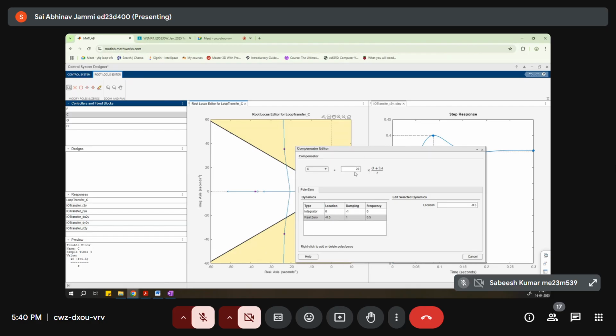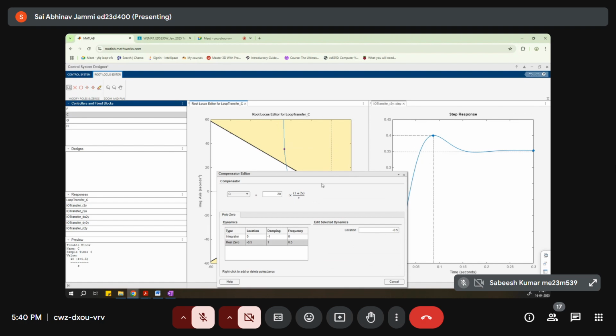When you change this gain, it will try to... or else if you compare it with the form directly, I saw it is Ki by Kp, I believe, correct? Yes, Ki by Kp should be 0.5.